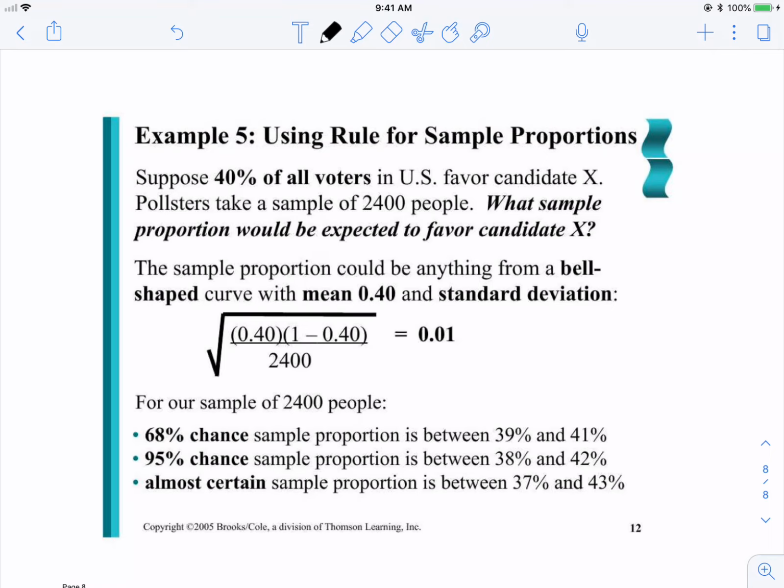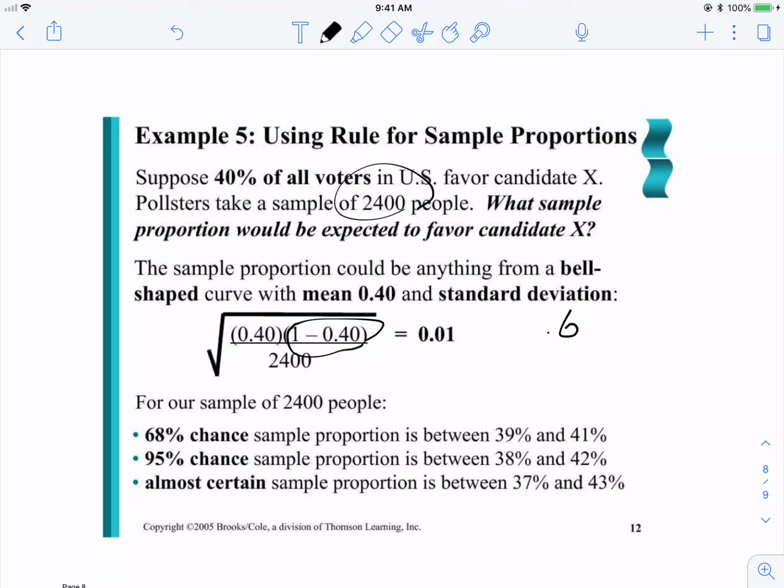There's that 40%, so we put the 40% as our p-value for the standard deviation. 1 minus that 0.4, or 0.6, goes right there as the complement, divided by that sample size. We're taking a sample size of 2,400 people, and we get a standard deviation of 0.01.